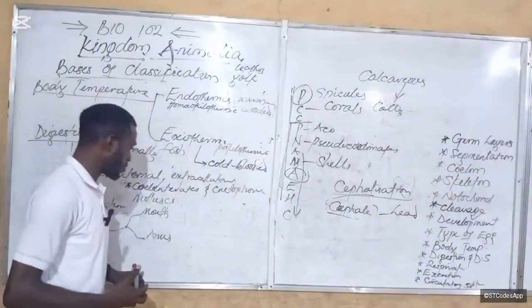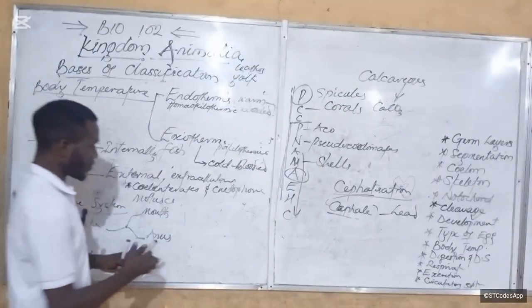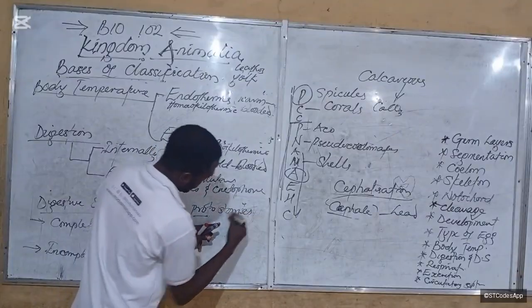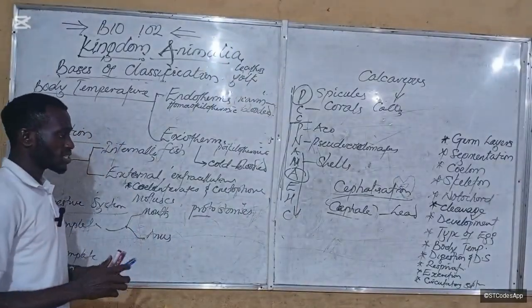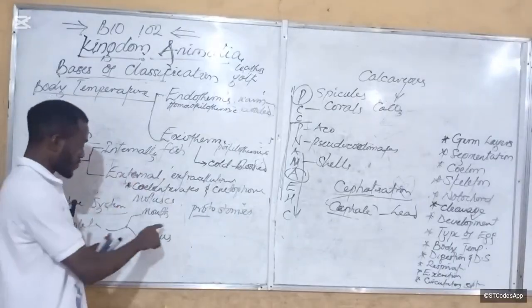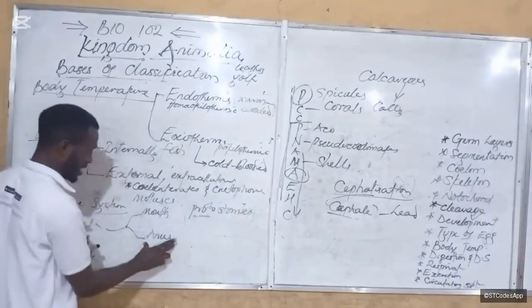So you will know why we split organisms into what? Protostomes and deuterostomes. Don't forget it. Proto, we said early, stoma, mouth, right? So it means that the first opening, the first blastopore, forms the mouth for protostomes, while the second one that appears forms the anus.